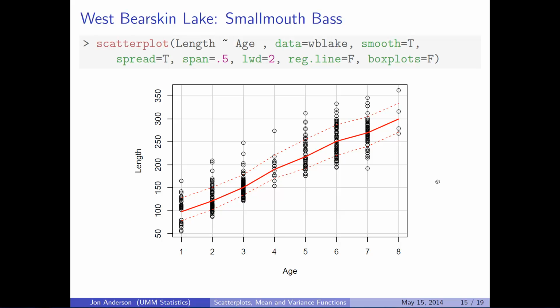Here's another set of data from West Bearskin Lake. This is also a data set in our textbook, and here we have age of fish, smallmouth bass, on the horizontal axis. 1 year of age, 2 years of age, and so forth, up to 8 years of age. And on the vertical axis, we have the length of these fish, and I believe these would be in millimeters.